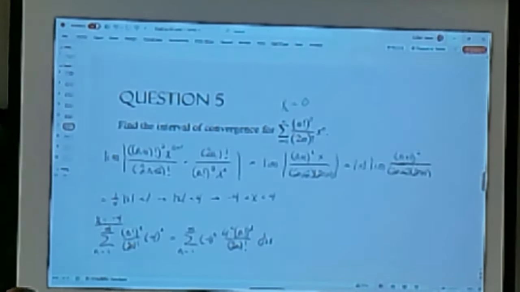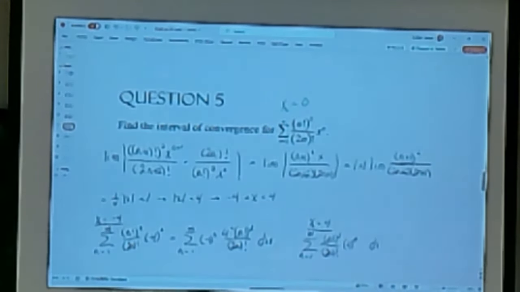If we now do x equals 4, we don't even need to do any kind of simplification there. We already know what happens. We already examined that limit when we were looking at this.